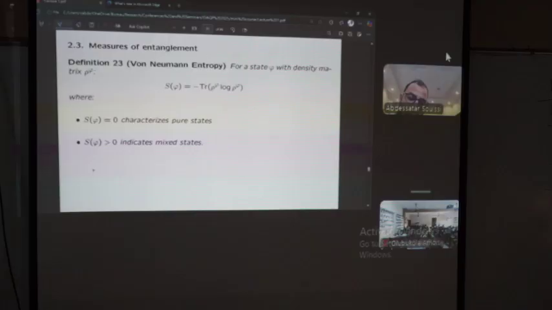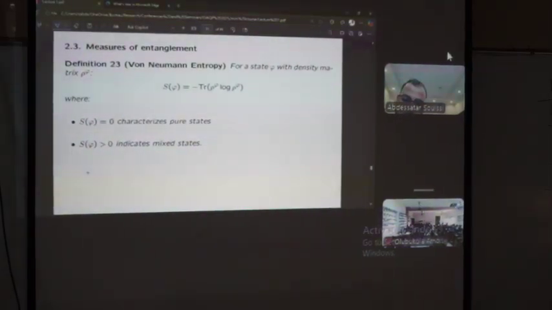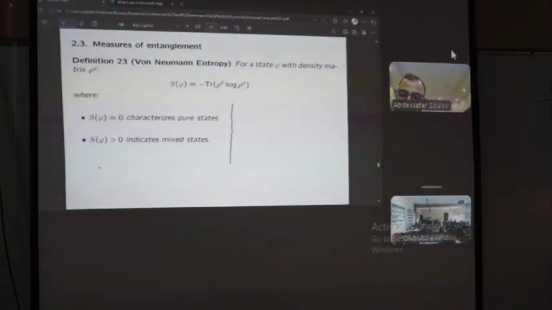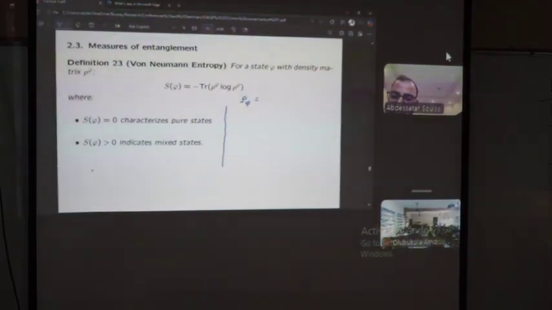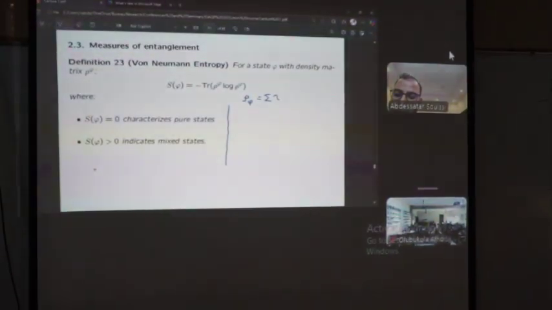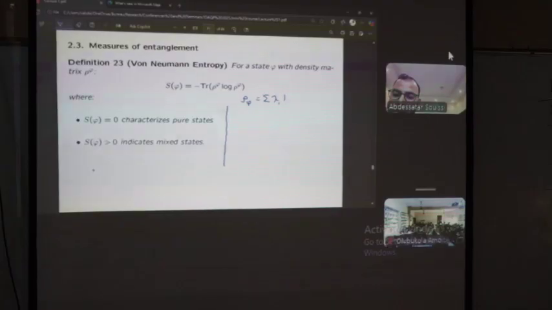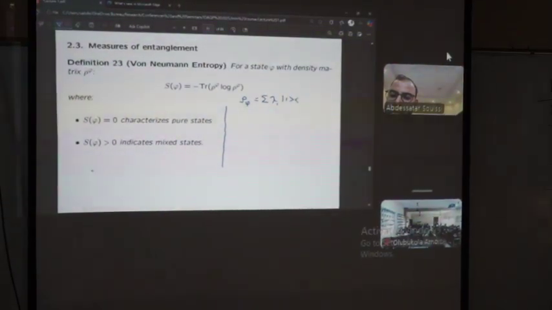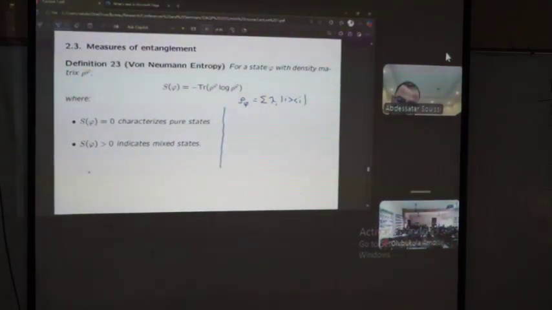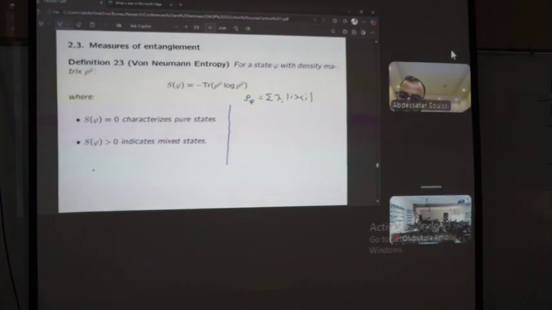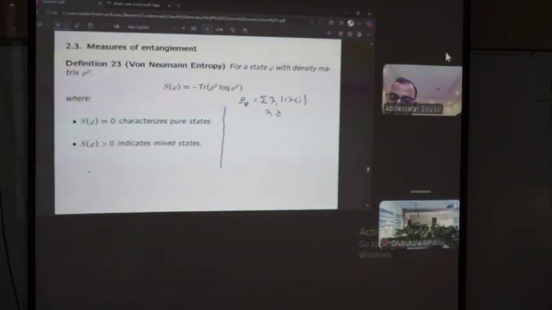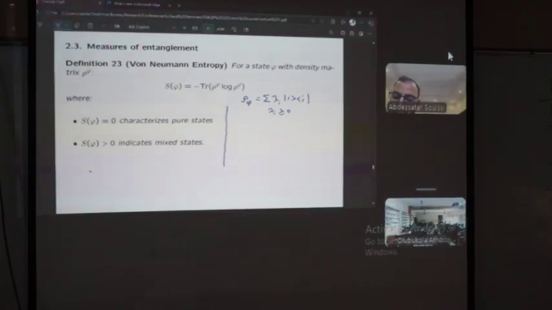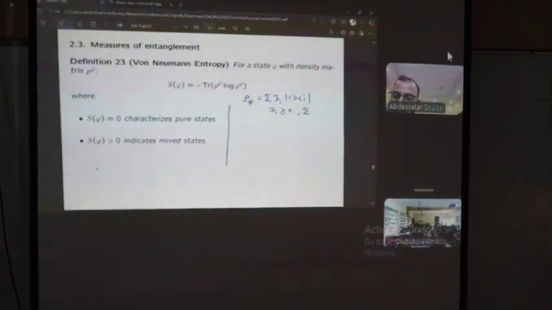I want to illustrate it with this point, because you know that the rho pi can be written as the sum of lambda i times the bracket i, because it's positive, where the lambda i are positive and the sum equals 1.